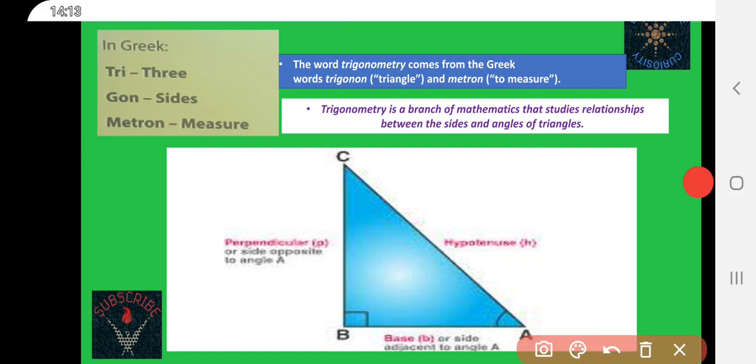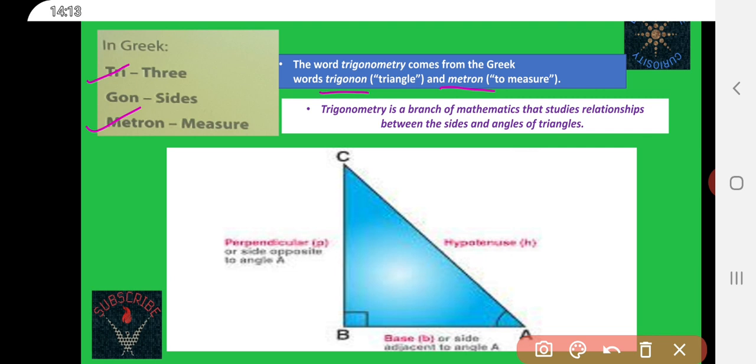See, here the word trigonometry comes from the Greek words trigon and metron. Trigon means triangle and metron means measure. So trigonometry means the science which deals with the measurement of triangles. In Greek, tri means 3, gon means sides, and metron means measure.